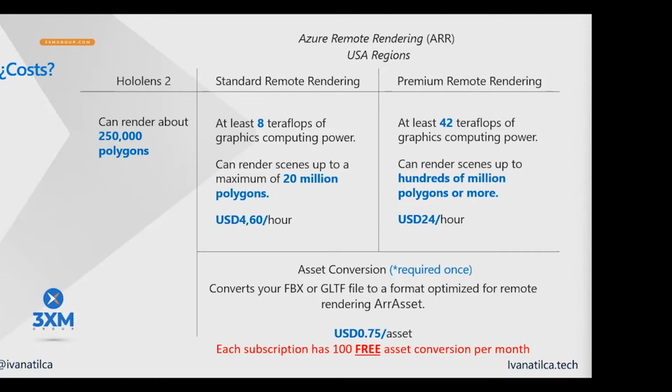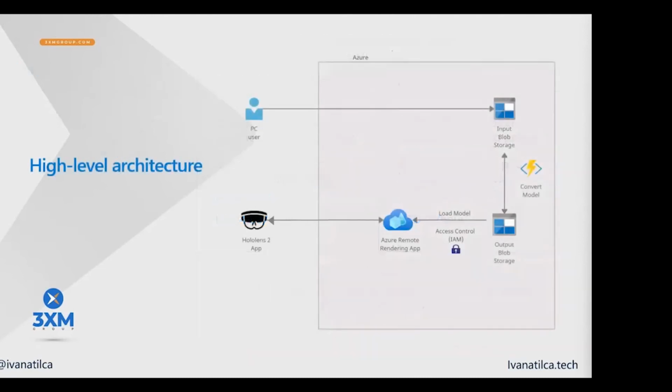Now, let me explain how a normal workflow works. I just explained it a little bit, but you can see here a high level architecture that will explain it better. First, as a user, someone on a computer can upload the 3D model to Azure.